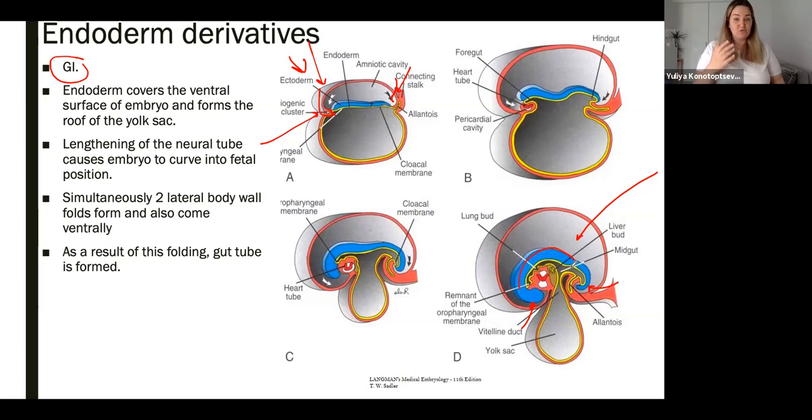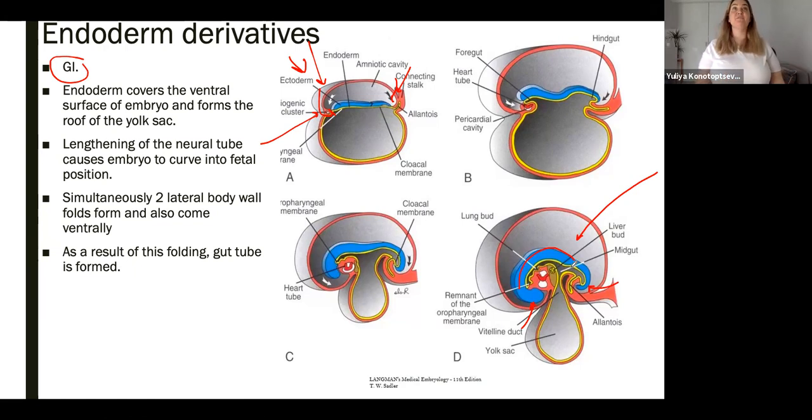Now, can you imagine if I am elongating my neural tube at the back, I'm constantly folding a little bit like this. Which cavity you said is here? Yolk sac. I'm constantly folding. What am I doing to my yolk sac? I'm kind of pushing it towards the middle. Am I right?